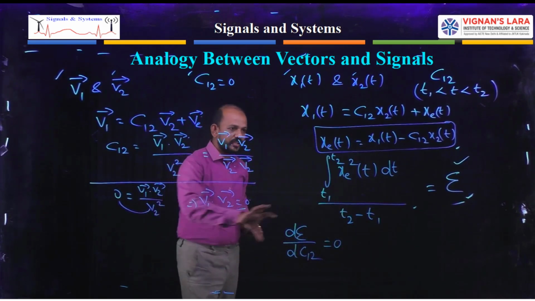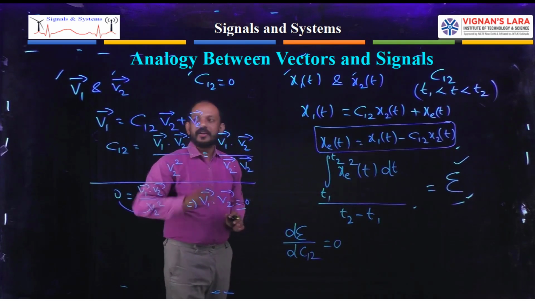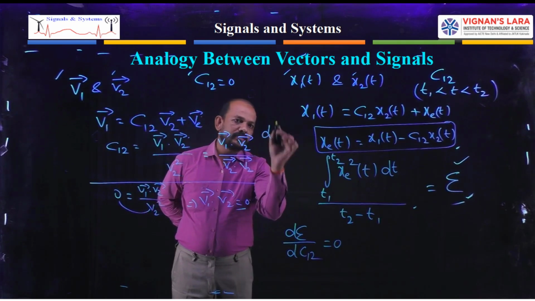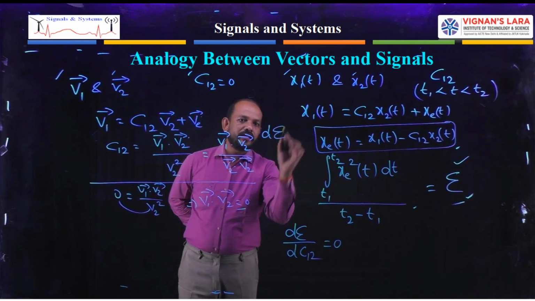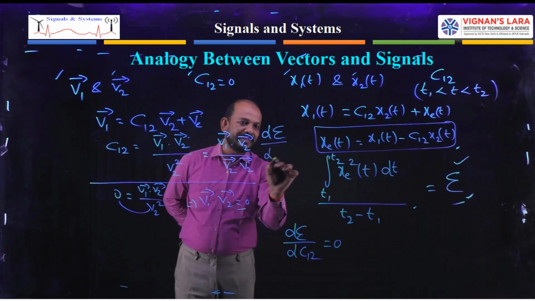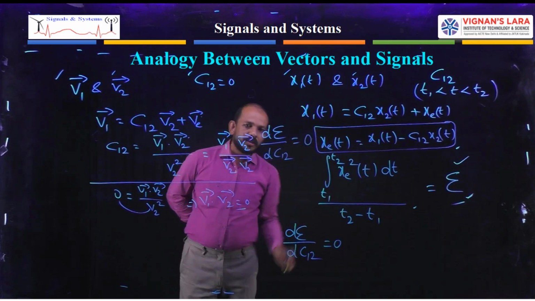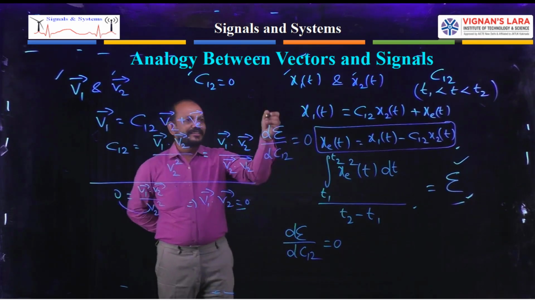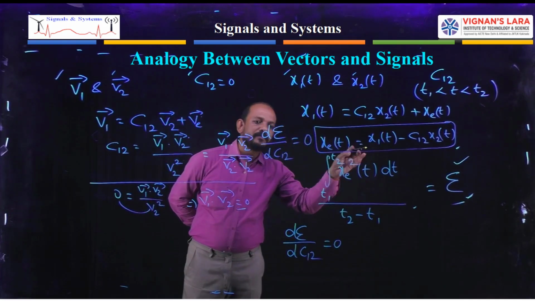This is the condition I had given to you previously. Okay, so we have to go for a differentiation of the mean square of the error with respect to the constant C12 and make that value equal to 0. Then we get the value of C12 such that the mean square of the error is very minimum.